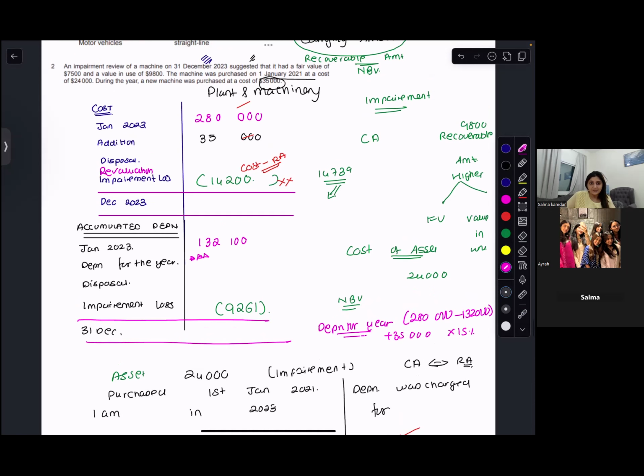So my depreciation for the year is how much? 27,435. So depreciation for the year is 27,435. If I sum up the cost section for the year, I have nothing in disposal and revaluation. This is 300,800. And the depreciation for the year, if I sum up, is going to be 150,274.